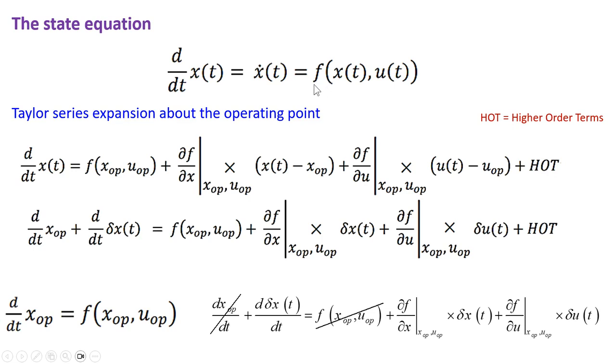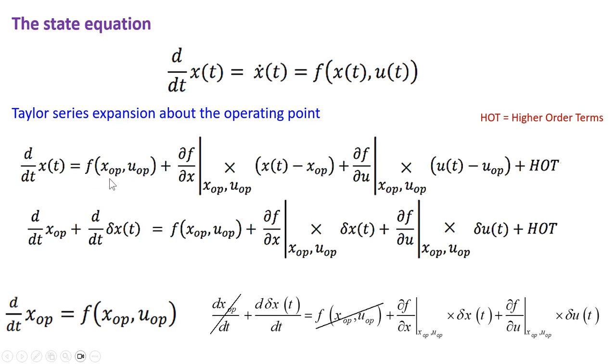To linearize these state equations, we perform Taylor series expansion around the operating point. Then we get the following expression. In the Taylor series expansion of this expression, the first term is the functional value at the operating point.